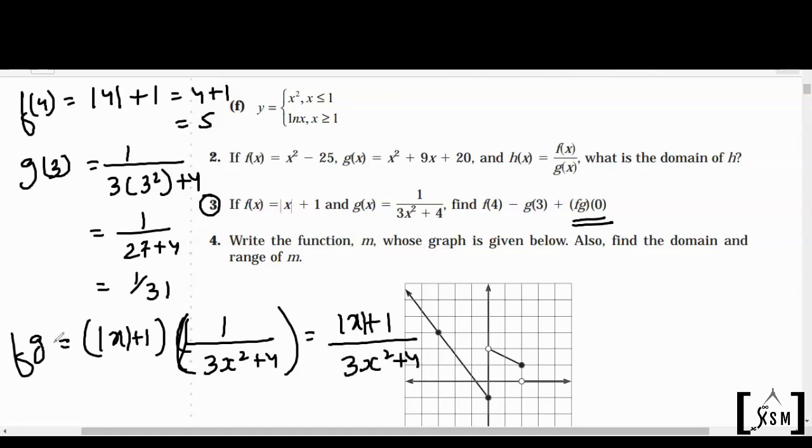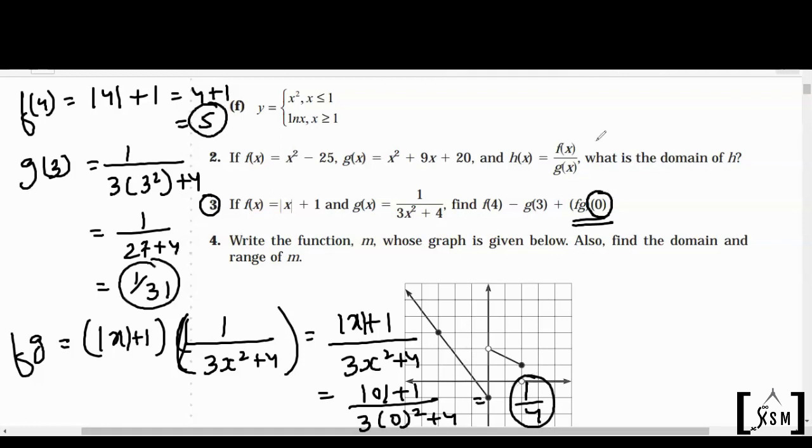And yes, for this function fg, we have to find where x is 0. When x is 0, we have to find the y value. So absolute value of 0 plus 1 over 3 times 0 squared plus 4, which is 1 over 4. So yes, my results are 5, 1 over 31 and 1 over 4.